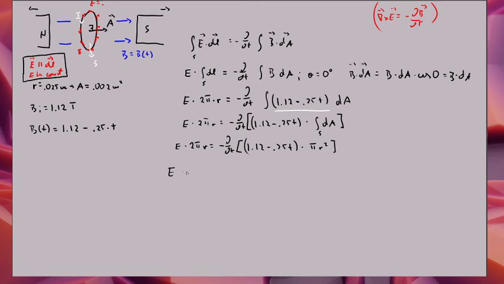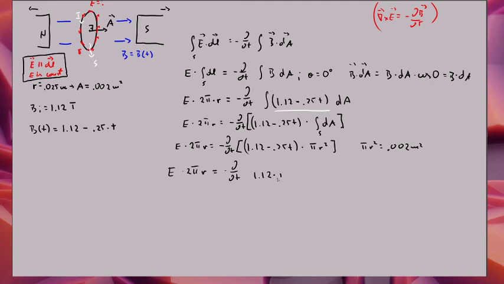Then the electric field times 2 pi r equals minus d dt of 1.12 times, well, the pi r squared I already have calculated. This is 0.002 meters squared.